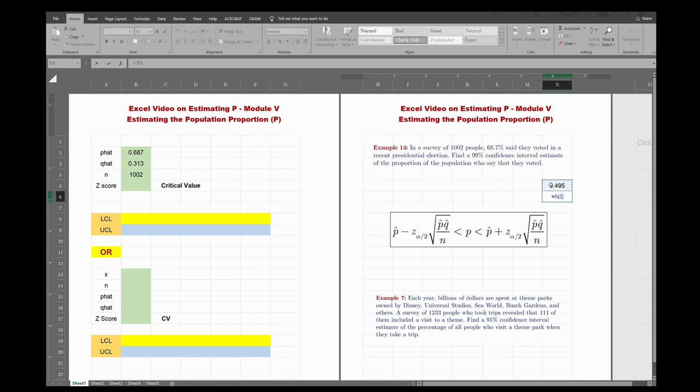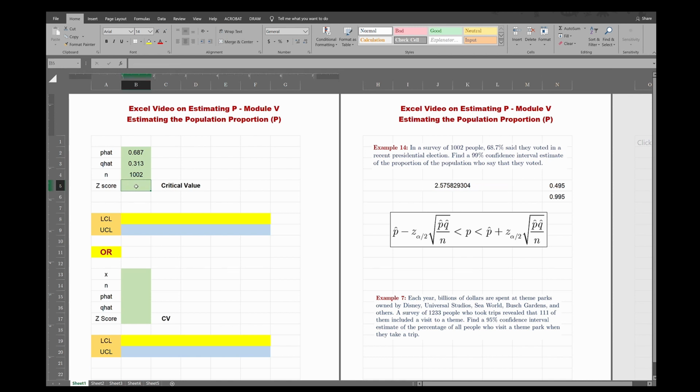That's right, 0.5 to it. There you go. So now you type norm.s.inverse, and the probability is 0.995. That's the number you use to actually calculate the z-value for this. 2.576.